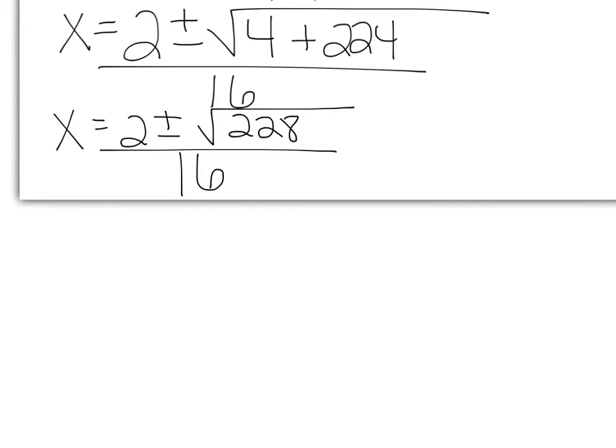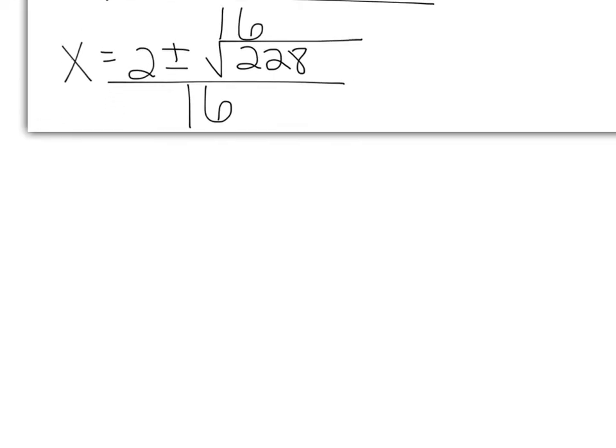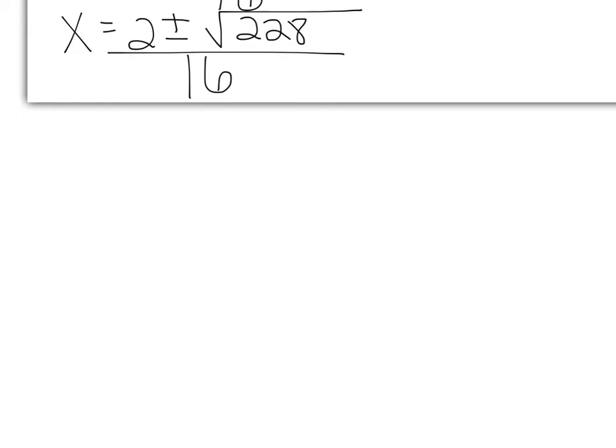All right, so now we need to figure out if the square root of 228 can be simplified at all. So over to the side, I'm going to do the square root of 228, and let's break it down. We know it's divisible by 2, but I would prefer to use a larger number than that.